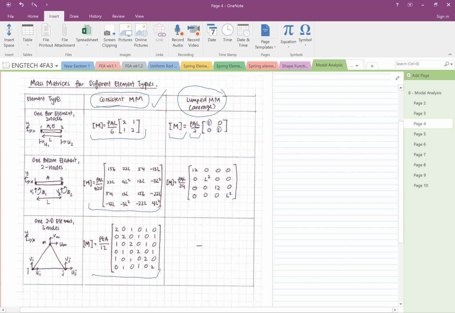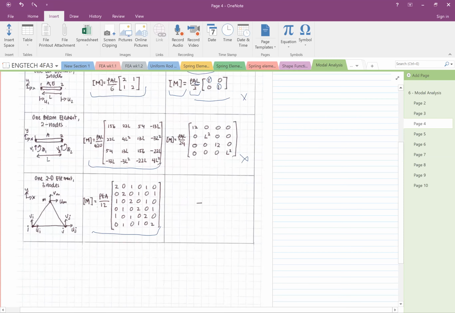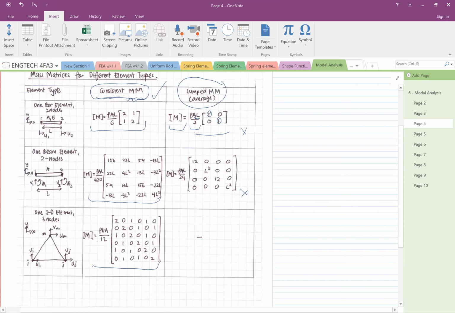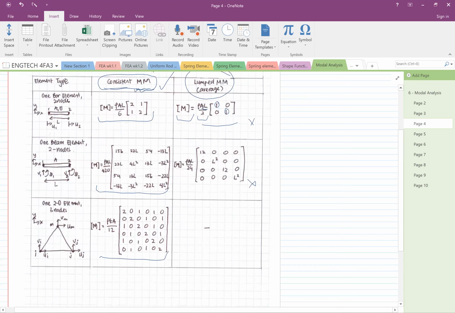You may do that if your system has a very fine element mesh, but seriously, it's not quite realistic. I prefer the consistent mass matrix method. So if there's a question in the test, try to use the consistent mass matrix. The lumped one is not preferred, but I want to show you anyway because it's in the textbook, and it's my job to show you this.